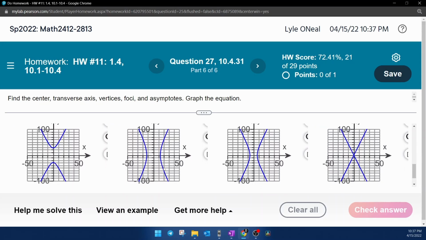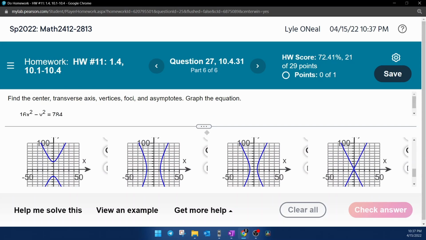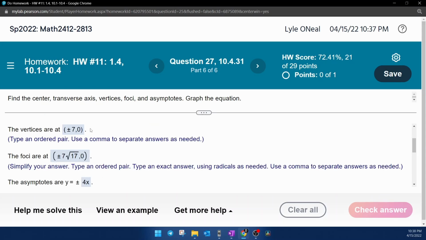So it's going to have to be either answer choice B or C, depending on which one has the correct vertices. Now the scale across the x-axis from the origin to the edge is 50, meaning that each hash mark is 10. And we know that our vertices, if we scroll back up, were plus or minus 7, 0.